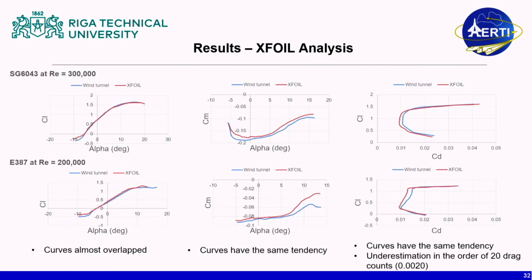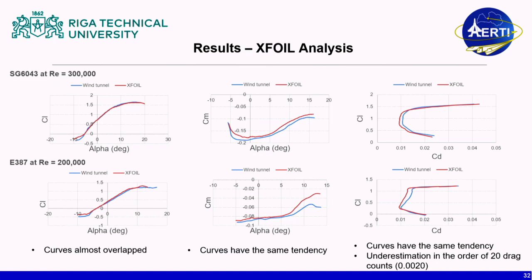And now I will show you the results. So you can see the results on screen. These are the results of the 2 aerofoils which we selected for the UAVs. These results present the comparison of the computed aerofoil results with the actual data.